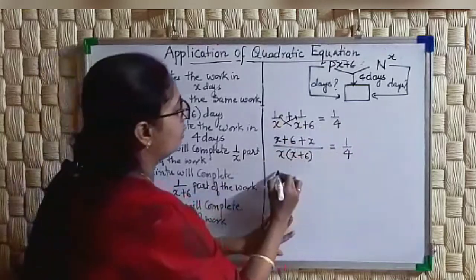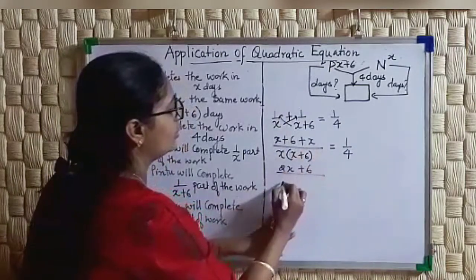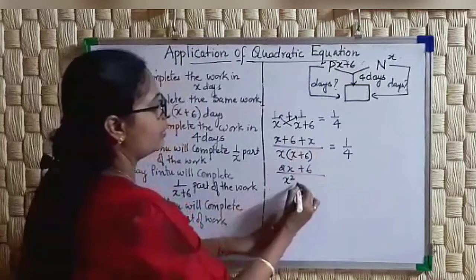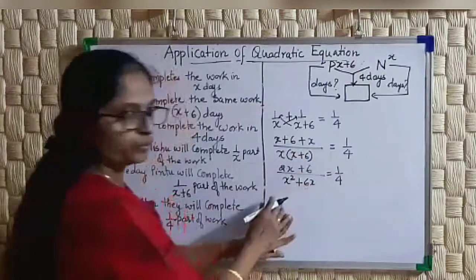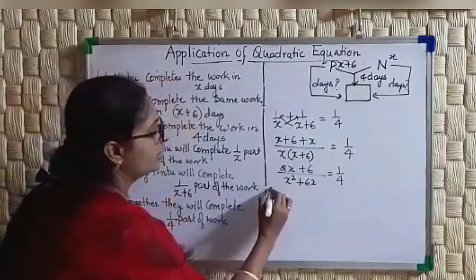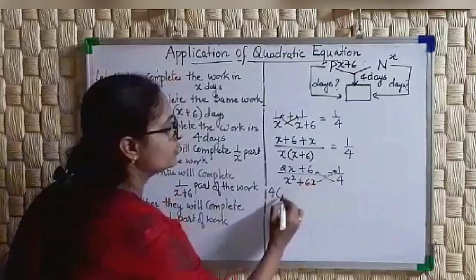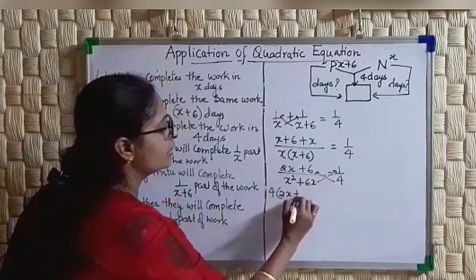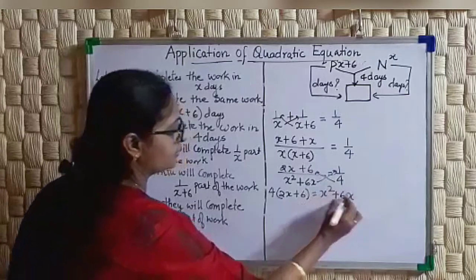Now, in the numerator we get 2x plus 6 and in the denominator x square plus 6x, equal to 1 upon 4. Next step, cross multiply: 4 into 2x plus 6 equal to x square plus 6x.